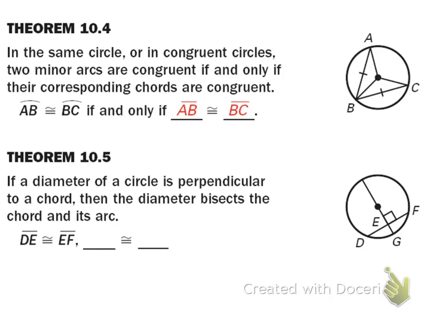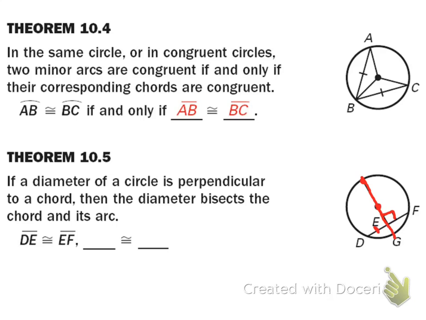If a diameter of a circle is perpendicular to a chord, then the diameter bisects the chord and its arc. To use this theorem, you must have a diameter. Remember, a diameter passes through the center of the circle, goes all the way across the circle, and passes through the center. If that diameter is perpendicular to the chord, then that diameter does two things.